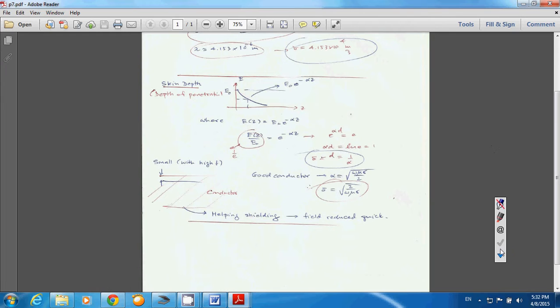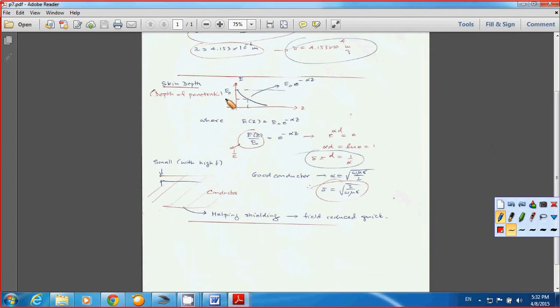Okay, the last one I'm going to finish up with is the skin depth. What does skin depth mean? It means when you have an electromagnetic wave get into a media or some kind of material with sigma not equal to 0, it's going to attenuate as it gets deep into the material with the relation that the magnitude of your fields equals E0 multiplied by exponential negative alpha z.